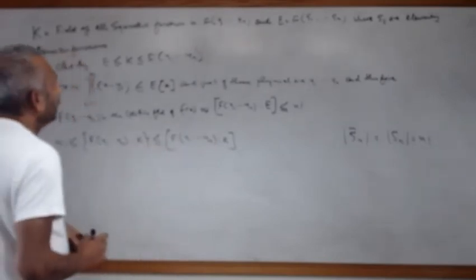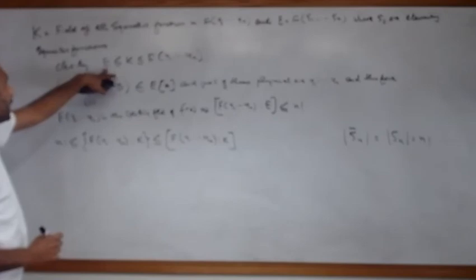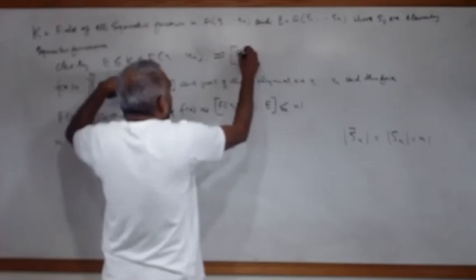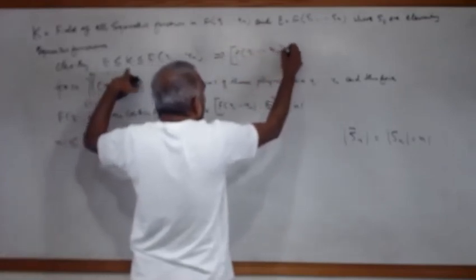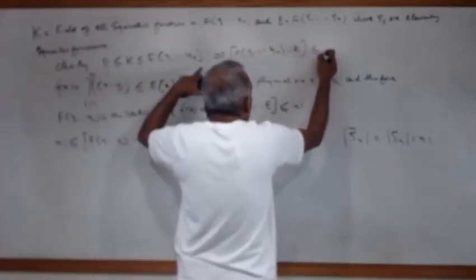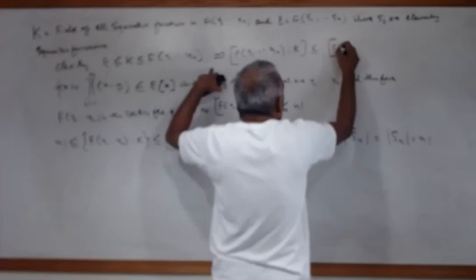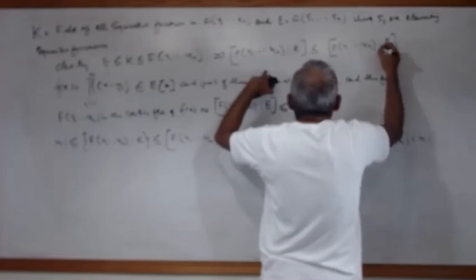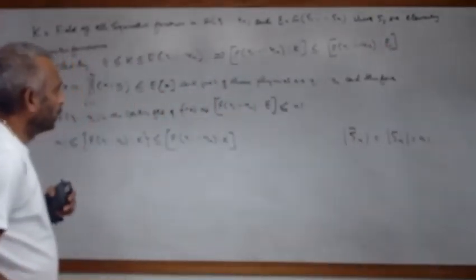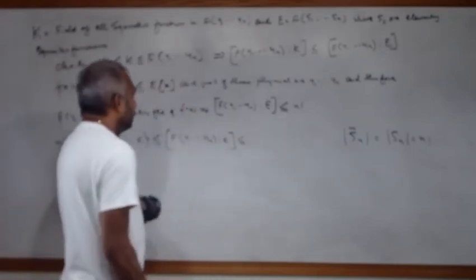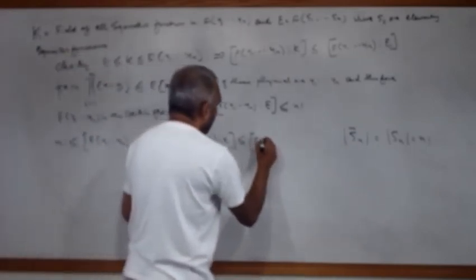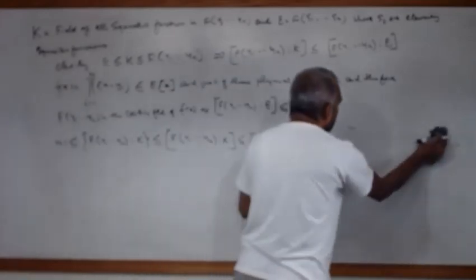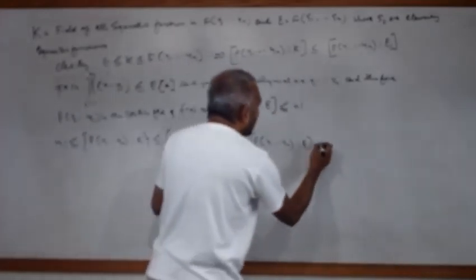And E is a subfield of K. So this actually implies the degree of E of y1, ..., yn over K is less than or equal to the degree of E of y1, ..., yn over E. So this is actually less than or equal to the degree of E of y1, ..., yn over E, which is less than or equal to n factorial.